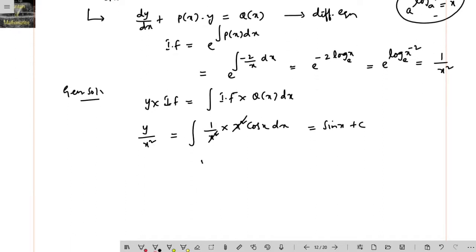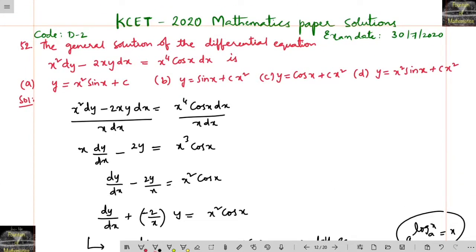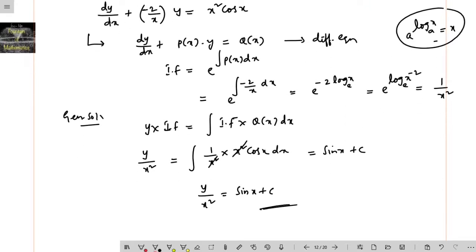So y upon x square is equal to sin x plus c is the solution. Which option will come here? y by x square is equal to sin x plus c, same. For cross multiplication, you will be getting the answer. This is option D. Next question.